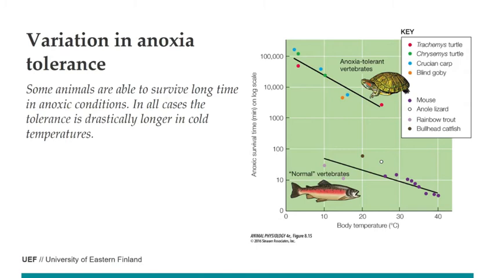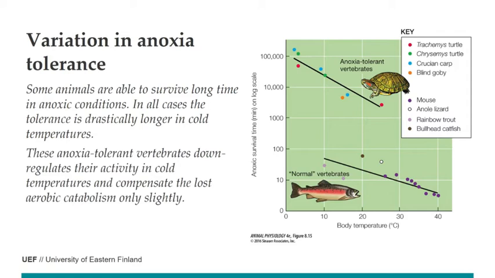And why does it work so well? Well, because in a cold body, the energy consumption is also lower. And how they do it is that quite often these anoxia tolerant vertebrates downregulate the activity, the metabolic rate, in cold temperatures.